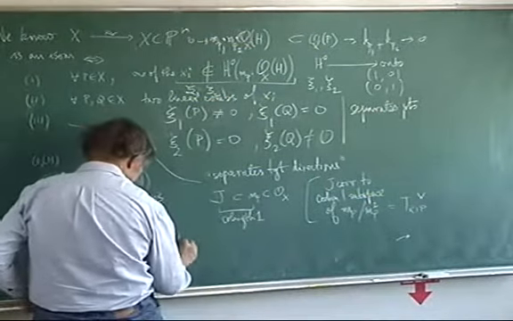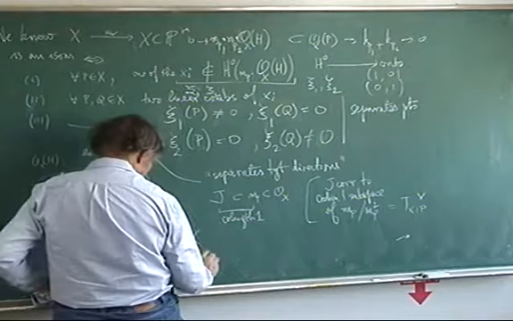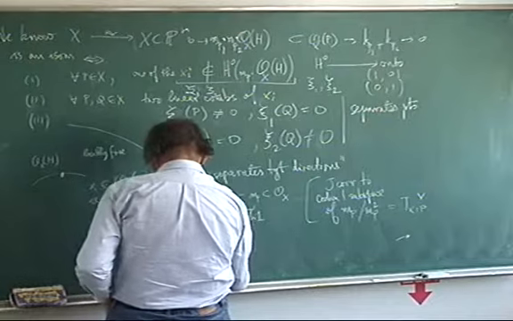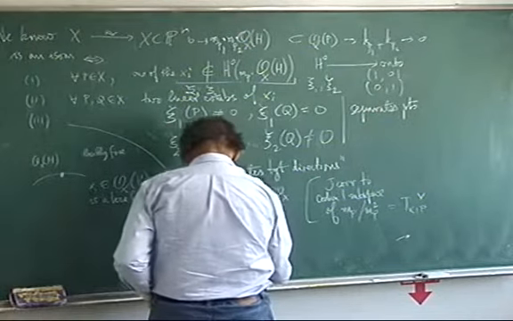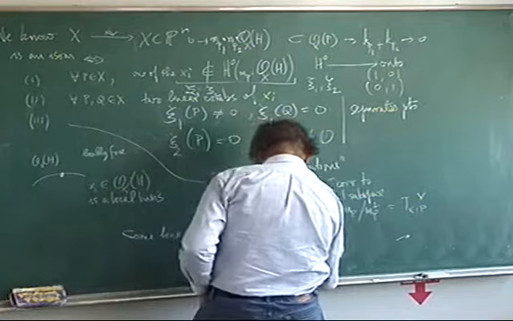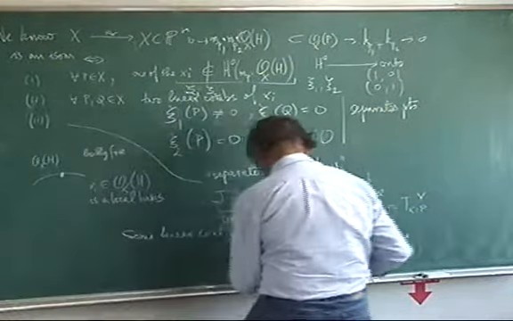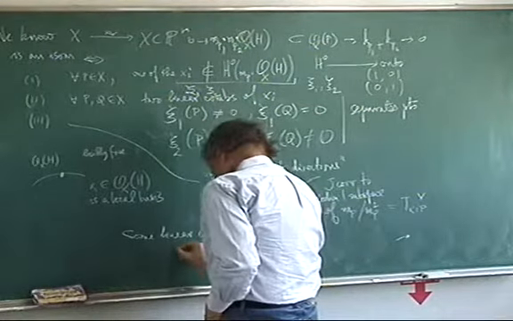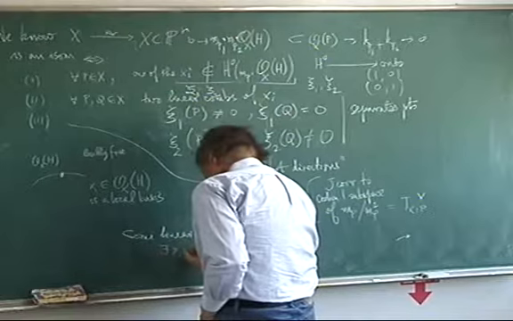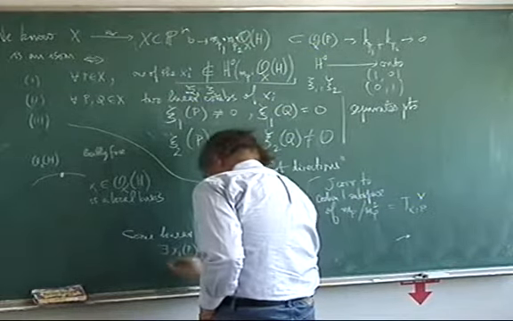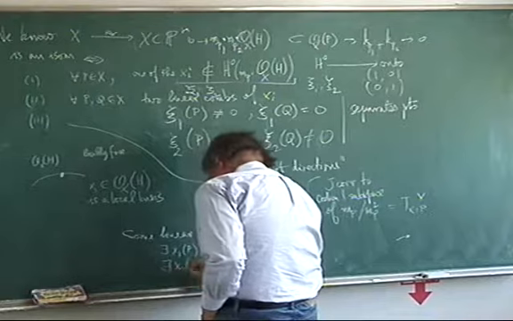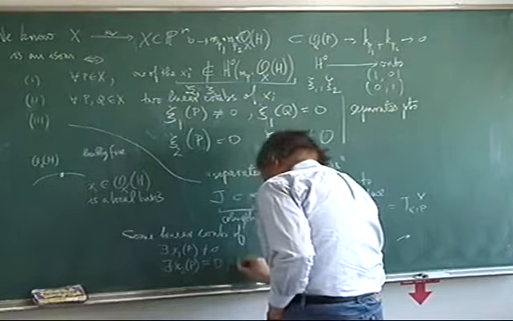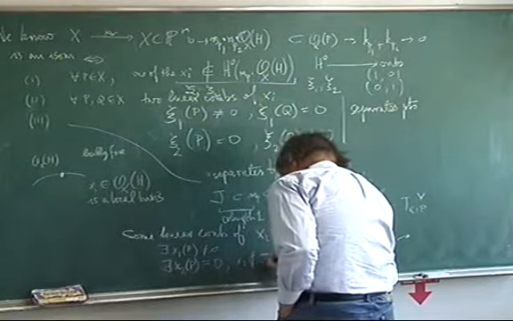Then I want these xi's, some linear combination of them, first that there exists an x1 at P which is not 0, and then that there exists an x2 at P which is equal to 0, but x2 is not in J times OX of P.